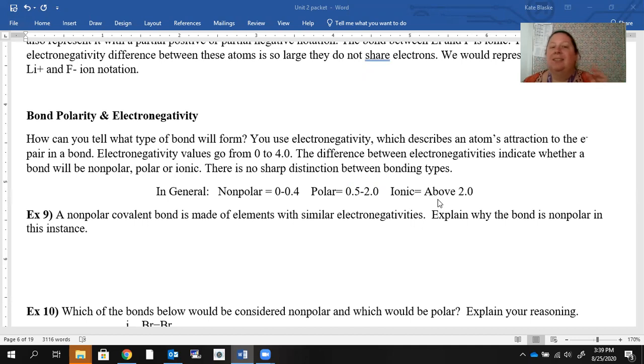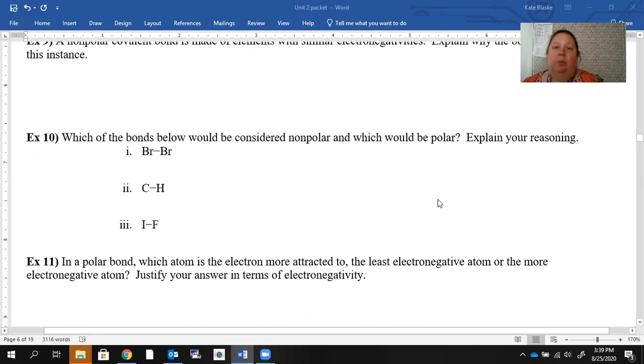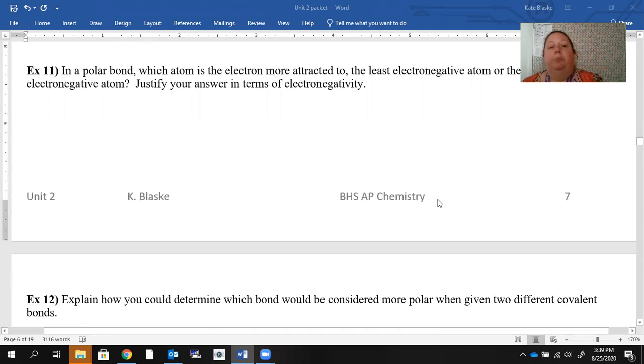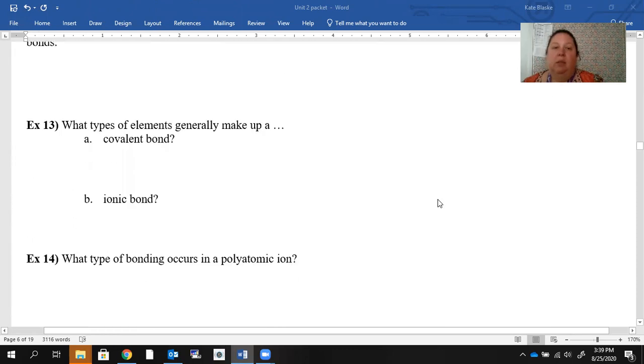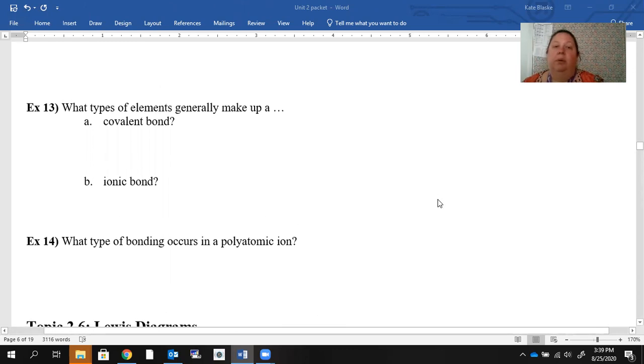So sometimes we get things that are sort of a cross between polar and ionic, or a cross between nonpolar and polar, and it's harder to differentiate between those. But we need to be able to find and draw those dipoles for polar covalent bonds, and we need to be able to differentiate, especially between ionic and covalent and between polar covalent and non-polar covalent.